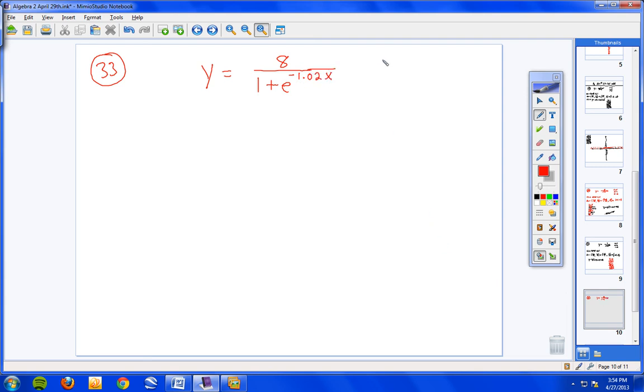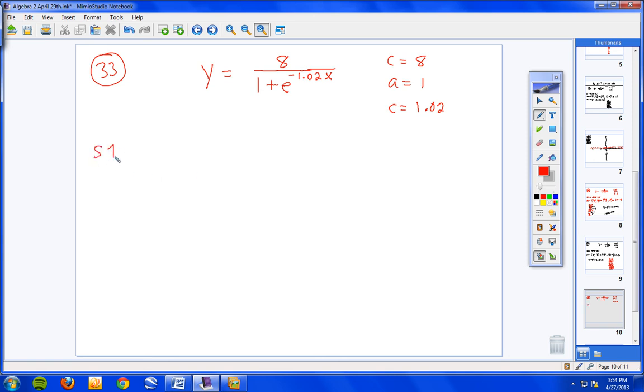And hey, while I'm here, I'm going to go ahead and write down my c and my a and my r. C equals 8. Get that from right here. A equals 1. I'm going to change colors and write that in. There's a 1 right here in front of the e, even though you can't see it. Okay, and then r, of course, is the number next to the x, only you always change the sign. So I'm going to put a positive 1.02. And now we are ready to roll.